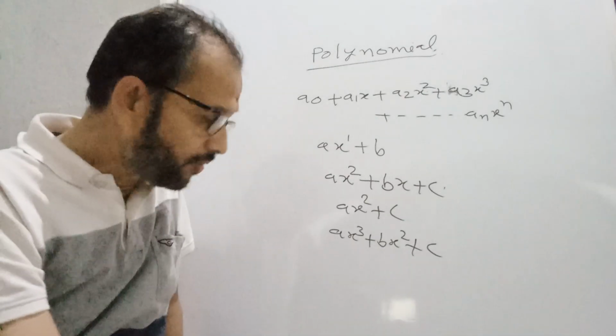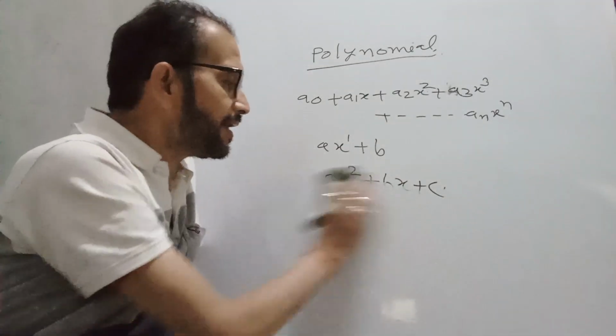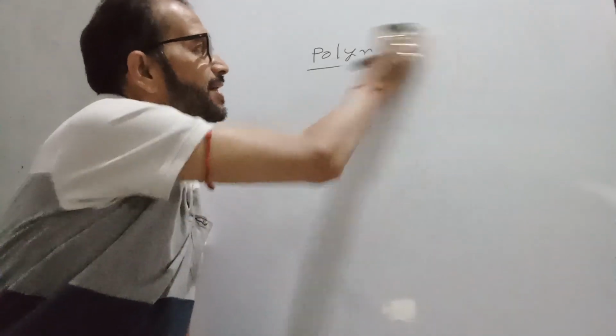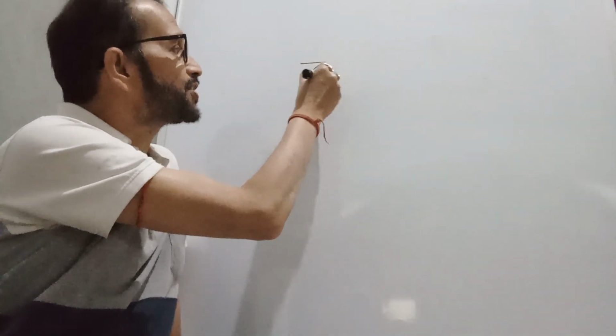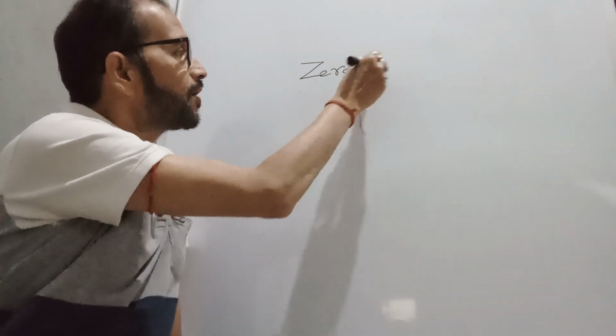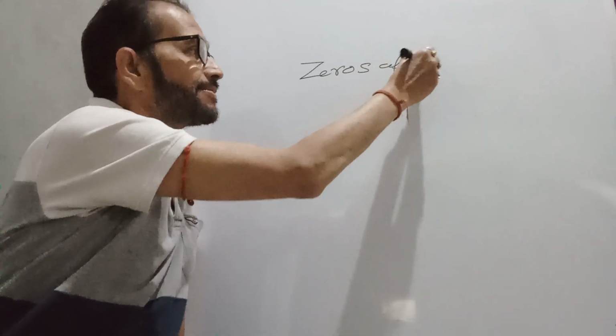Okay? Now, we will discuss the zeros of the polynomial.